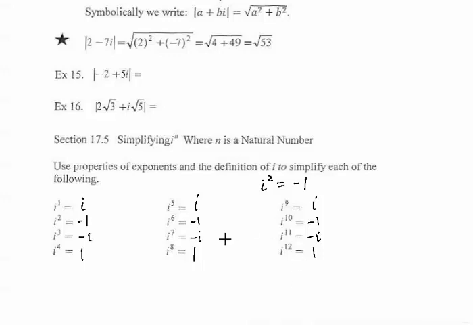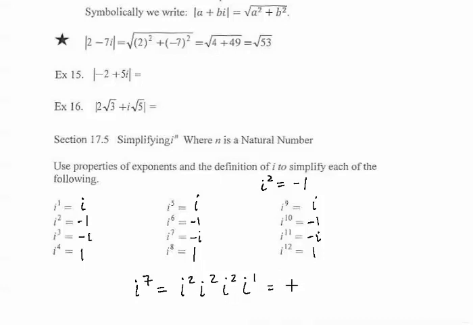Okay, so I'll just pick one of these to simplify. Let's say we pick i to the 7th power. We can break this up into i squared, i squared, i squared, and then that's 2, 4, 6, so we need one more i.